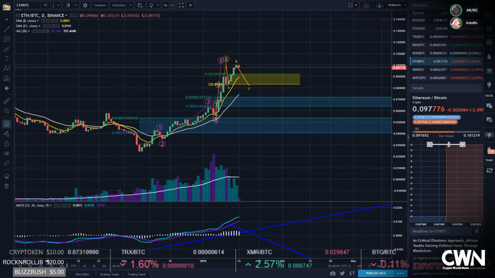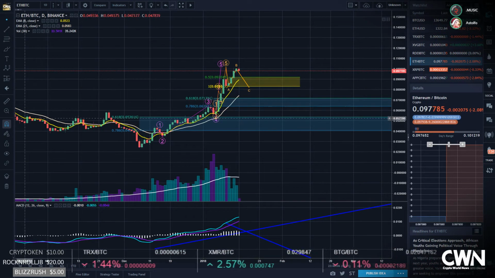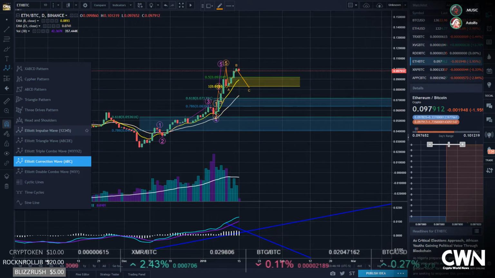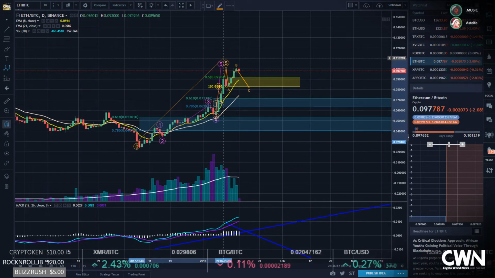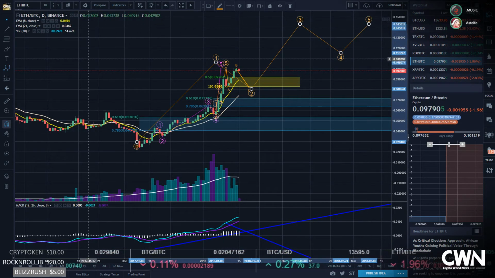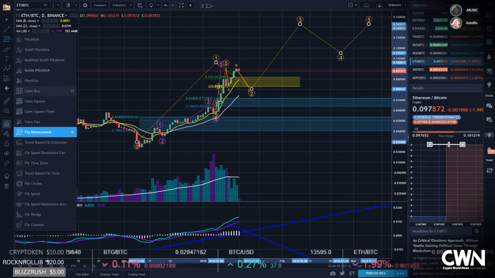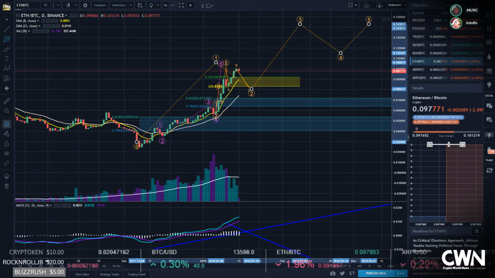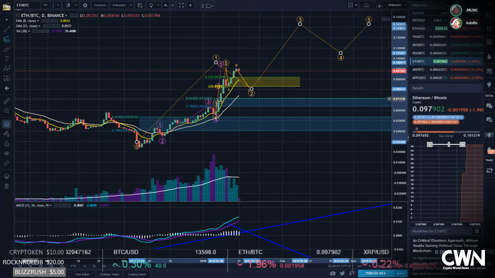If that is the case, guys, then Ethereum is going much, much higher. Because when you have a 5 up, 3 down, that means you're in a bull market and you've got a larger degree 1, 2, which means larger prices. And to pull some upside targets, let's just go ahead and do some projections.